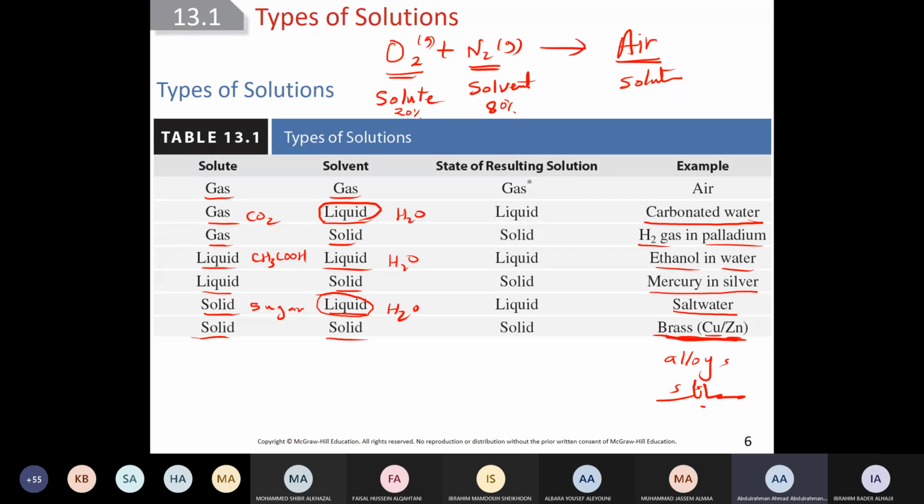Okay, but we can also have the liquid not always be water. For example, I can dissolve things like CCl4 in benzene.